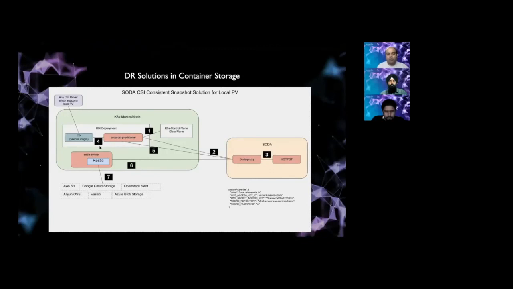Because our whole solution is based on extracting the features one step above the CSI so that all these features can be seamlessly used underneath. So that's all for today's demo.